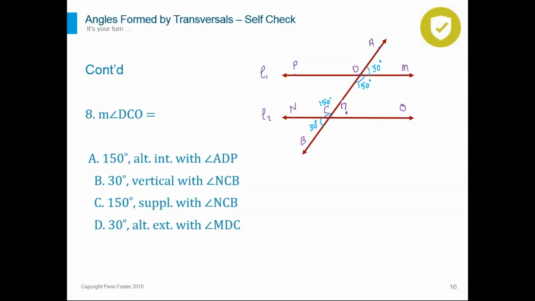Since these two angles are supplementary angles, one of them is 150 degrees, the other one would be what? That will make you eliminate some of the answers here. So is it 150 degrees or 30 degrees to begin with? And from that, you are able to eliminate the wrong reasons as well.